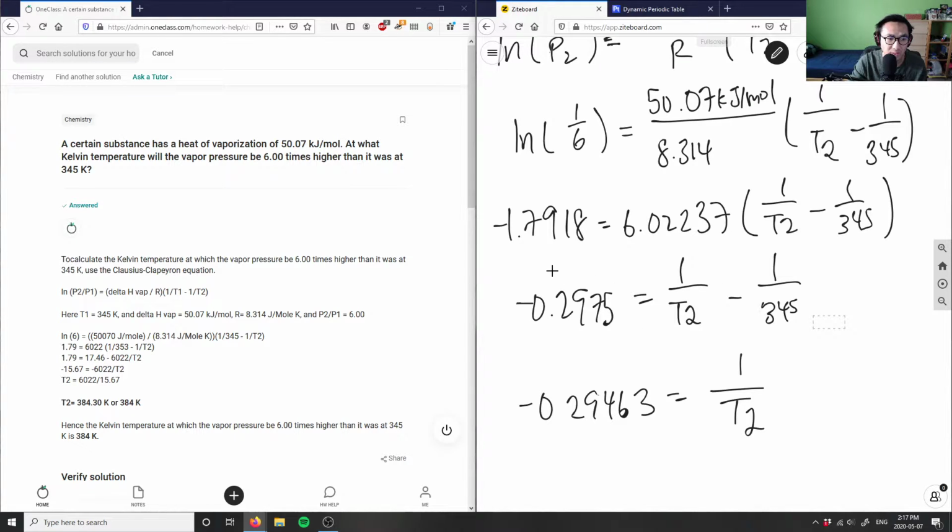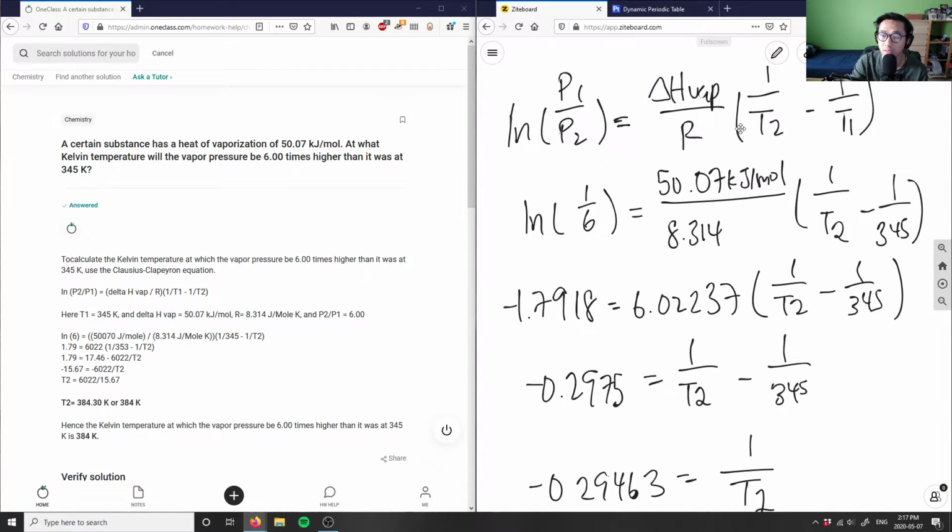Let's see, if I have a negative answer here, oh, yes, that's why. I forgot to convert kilojoules to joules. So that's my fault here. This has to be in joules because I remember my R constant is joules per mole times Kelvin. So I'm going to have to convert kilojoules into joules. I missed a step here.